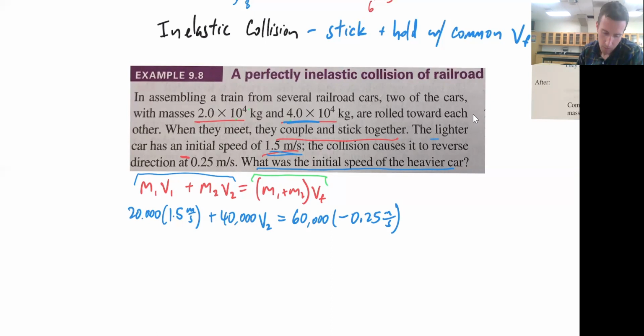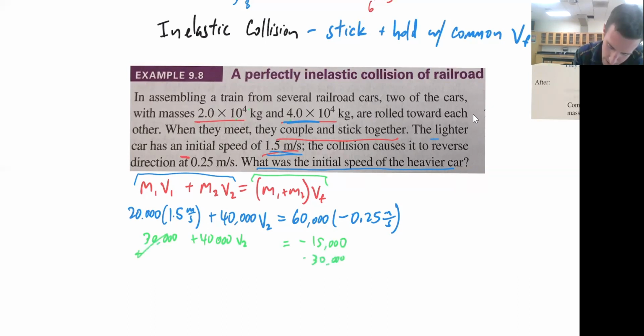so 20,000 times 1.5 is 30,000. 60,000 times -1/4 is -15,000 equals, let's see, plus 40,000 V2. So I'm going to have to subtract 30,000 from both sides, minus 30,000.